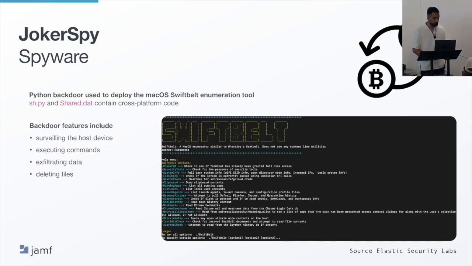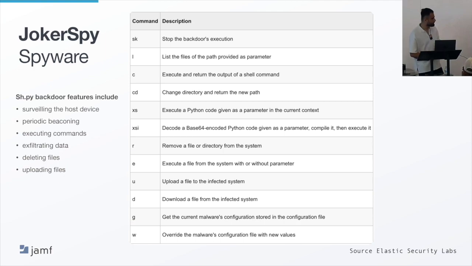This would go on to surveil the host, execute commands, exfiltrate data, delete files, upload files, and many other things like that. And it actually drops SwiftBelt, which is an open source red teaming tool for enumerating the system. You can see some of the commands for this, and definitely check out Elastic's write-up if you're interested in learning more about this spyware.